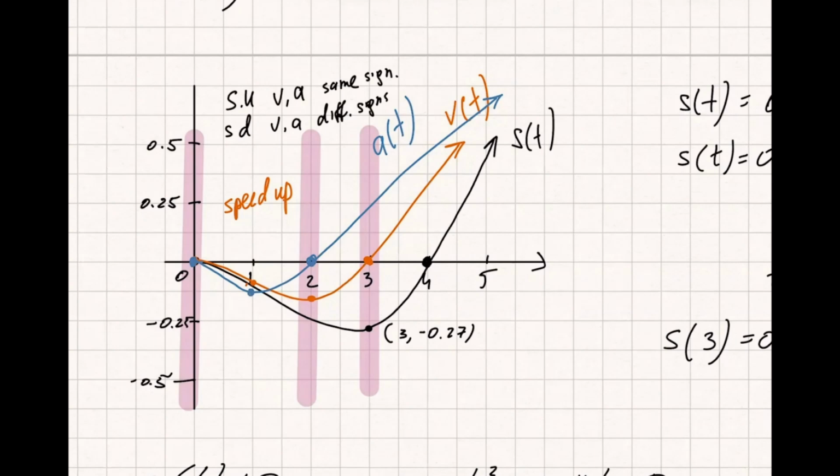So the particle is slowing down here. And then after 3 seconds, both acceleration and velocity are positive. So the particle is again speeding up, right?